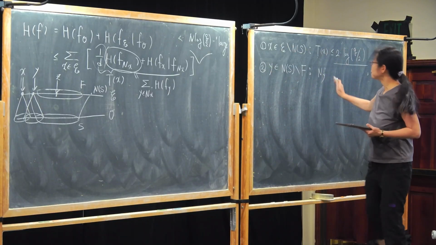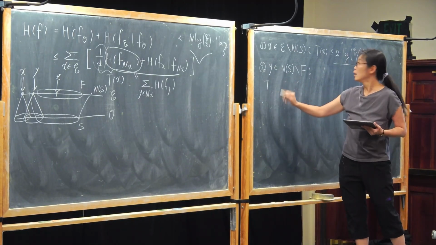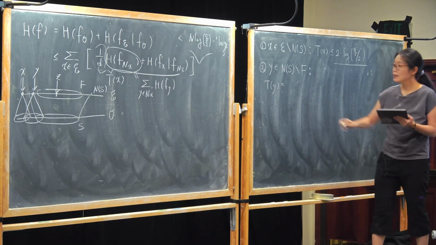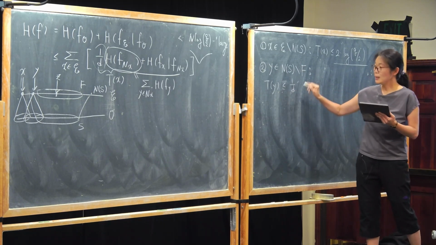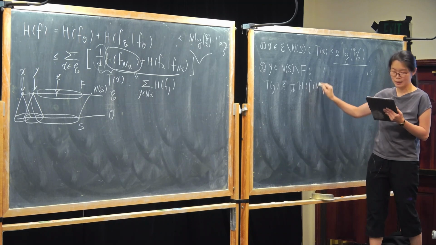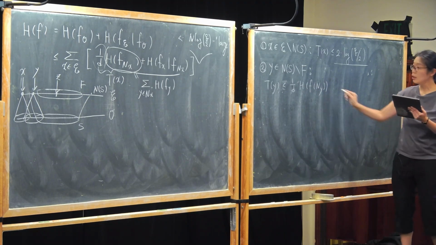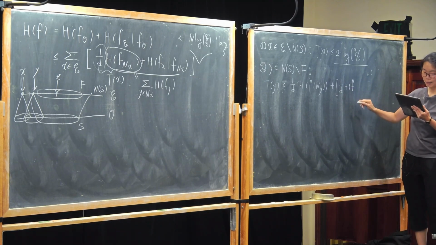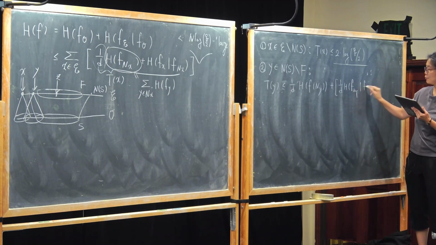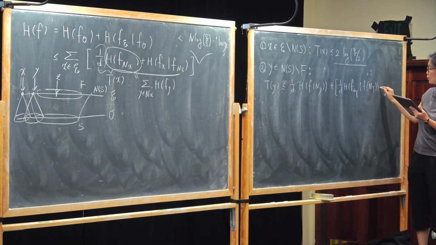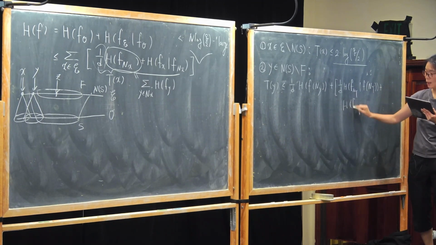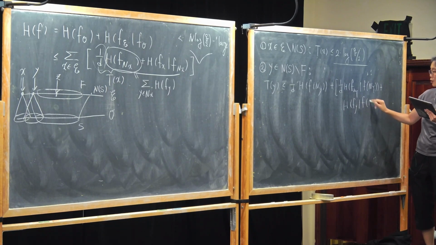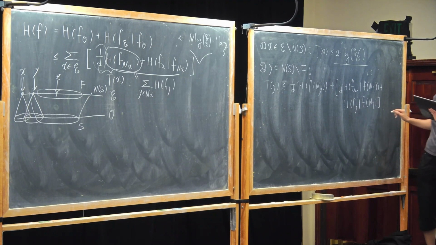So in this case, we expand T of y in this way. So this is at most 1 over D, entropy of F of the neighborhood of y, plus 1 over D, entropy of the palette, given F and y, plus entropy Fy, given the color of the neighborhood of this.